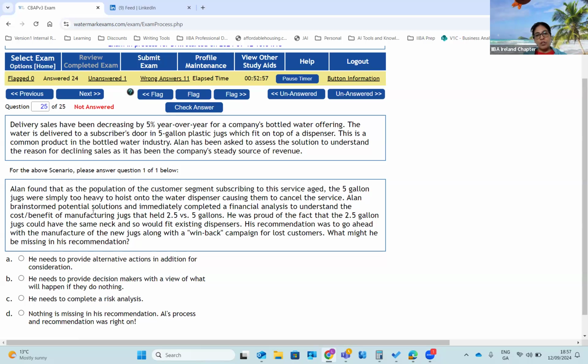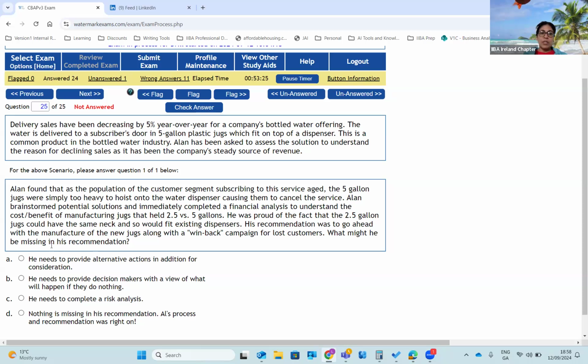Alan brainstormed potential solutions and immediately completed a financial analysis to understand the cost benefit of manufacturing jugs that held 2.5 versus 5 gallons. He was proud of the fact that 2.5-gallon jugs could have the same neck, so they would fit existing dispensers. His recommendation was to go ahead with the manufacture of the new jugs along with a win-back campaign for the lost customers.